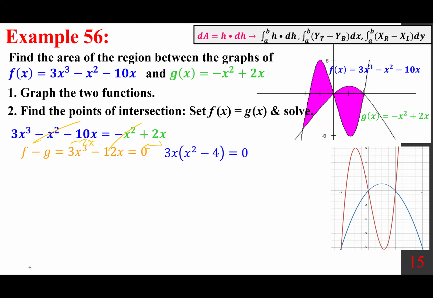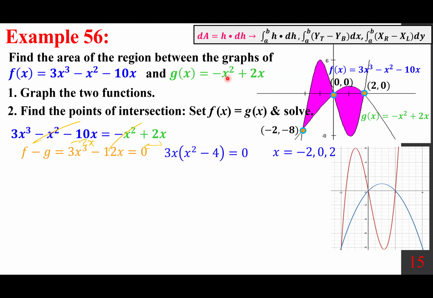So this means x is 0. This means x is negative or positive 2. So you can see the points of intersection. There are 3 points. Now you're going to plug it into one of them to find the y coordinate.